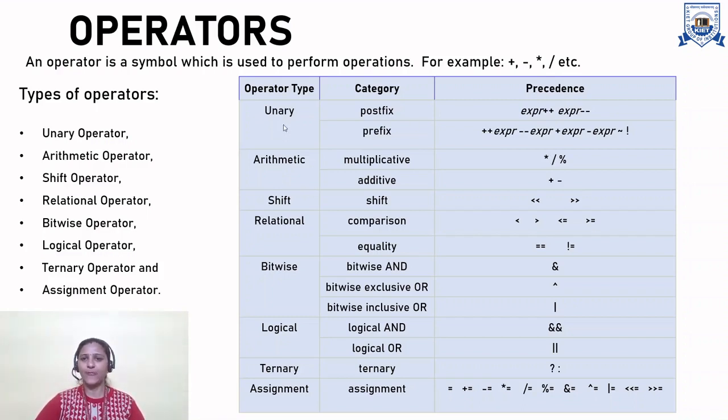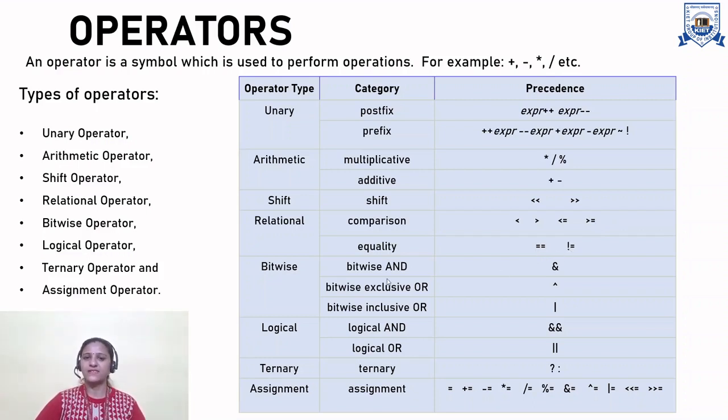Unary uses only one variable. It can be postfix or prefix. In arithmetic, this is the precedence. In additive, plus and minus. Shift is denoted as left shift or right shift. Relational is used to make comparisons: less than, greater than, less than or equal to, greater than or equal to, not equal to.